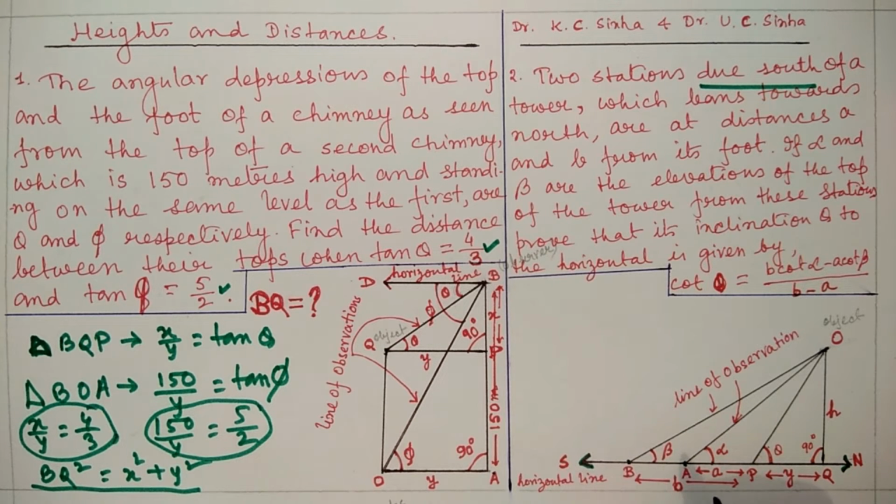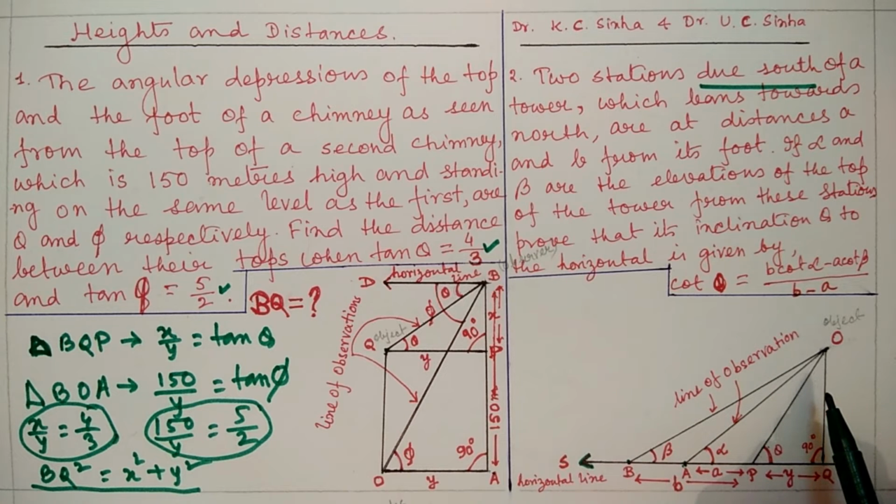In this case, the angles of elevation are alpha and beta. For A, alpha, and for B, beta. Now friends, in this case, O is the object, the top of the tower, and here two observers are A and B. In the previous sum, observer was 1 and objects were 2.